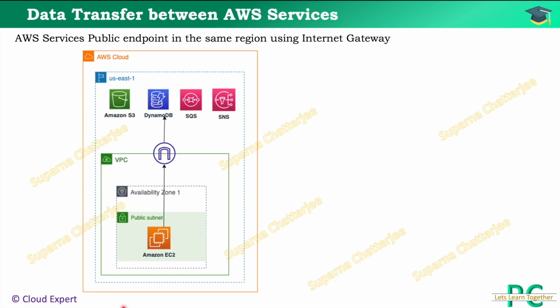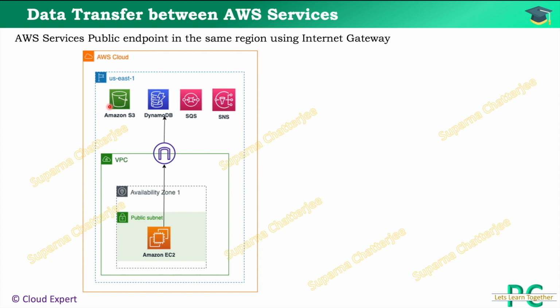Next, let's try to understand data transfer between AWS services. For this use case, let's consider that we have one VPC. Inside the VPC, we have a public subnet and an EC2 instance in that public subnet. We are trying to communicate with AWS services using public endpoints.